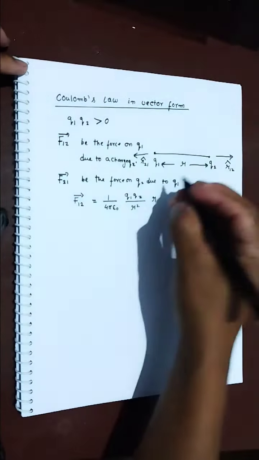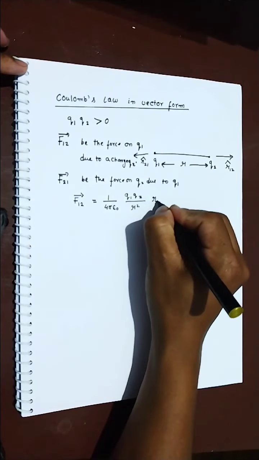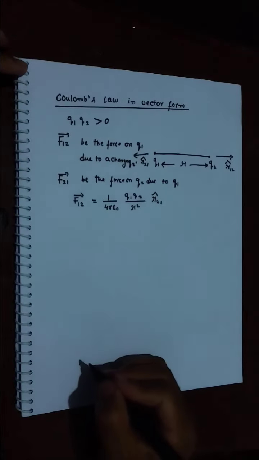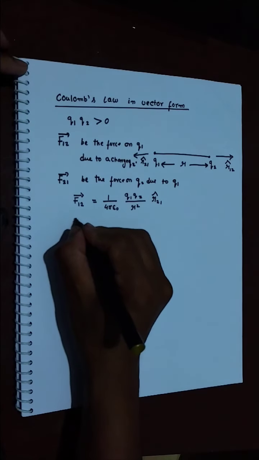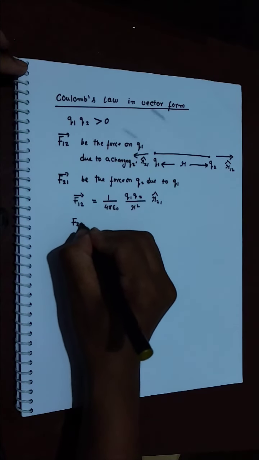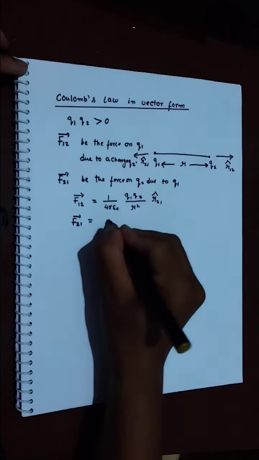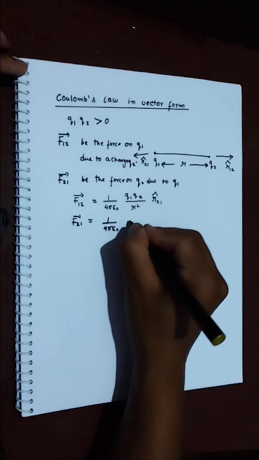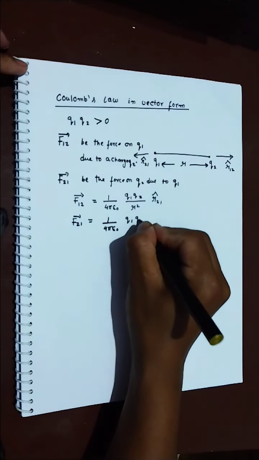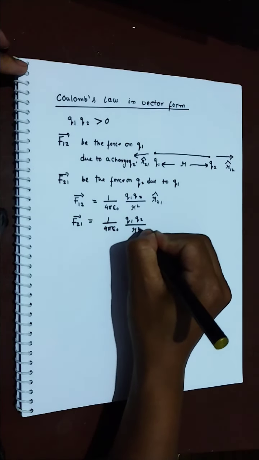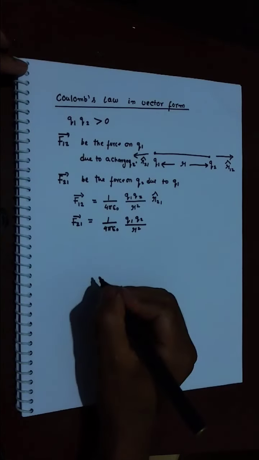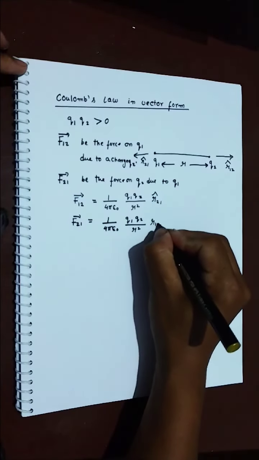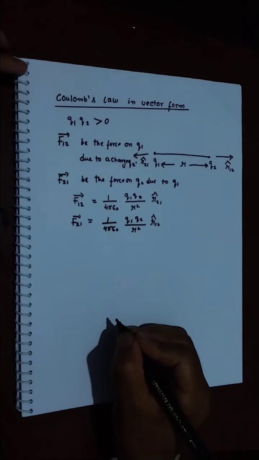So this is the direction, R21 cap, from 2 to 1. Similarly, F21 is equal to 1 by 4 pi epsilon naught Q1 Q2 divided by r square. In which direction? It is from 1 to 2.